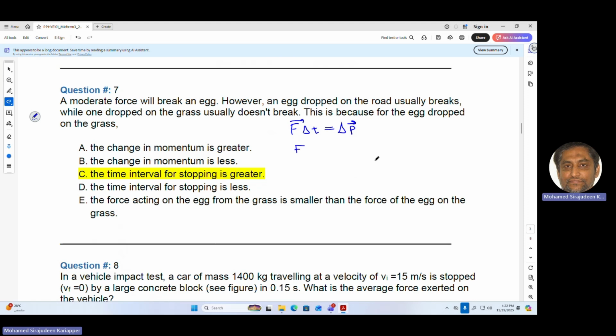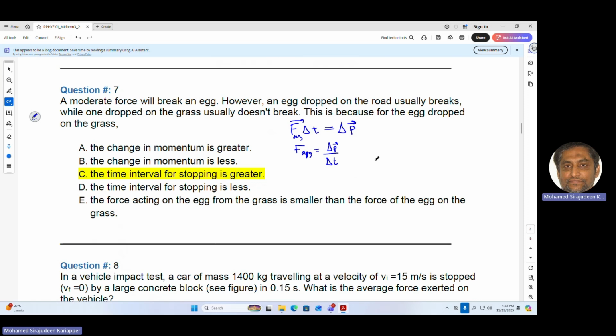So the average force, it's the average force because the forces are not constant here, is equal to the change in the momentum divided by the duration of the contact between the egg and the floor, the time it takes for the egg to come to zero speed.